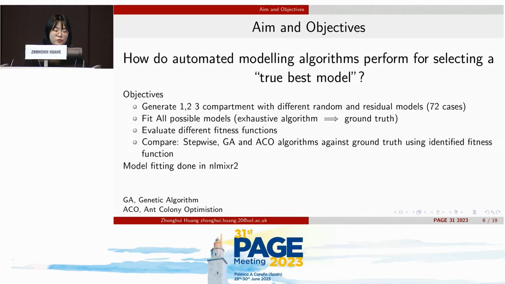Secondly, we will fit all of the possible models by exhaustive algorithm. It's also very important to explore appropriate fitness functions for designed algorithms. Then we can run the algorithms and compare the algorithm performance. All of the modeling work is done in Enomics R2, an open source R package.